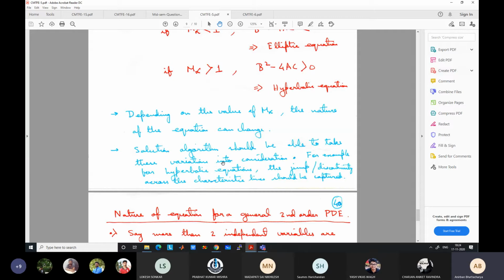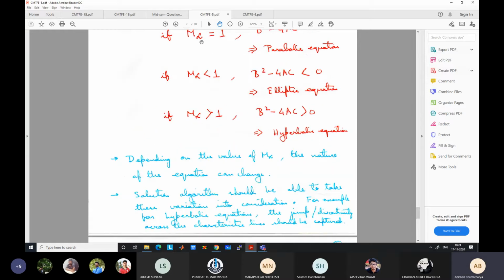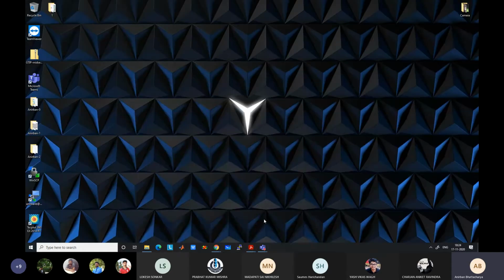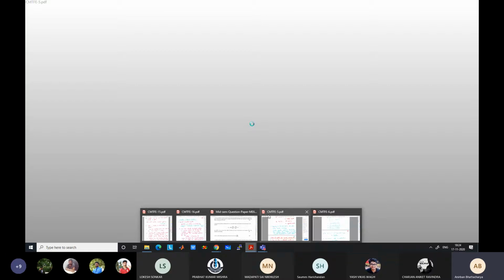For example, for a parabolic equation, the forward marching type of behavior should be taken into account. For a hyperbolic equation, where there is a jump or discontinuity, like shock type of behavior, that should be captured by our algorithm. Okay, so the algorithm has to be such that different types of behavior for different values of M infinity should be captured by the algorithm.